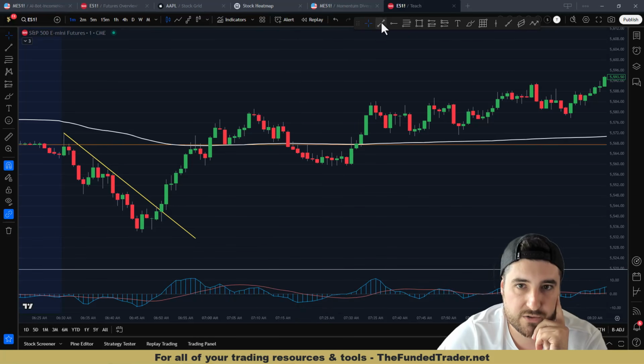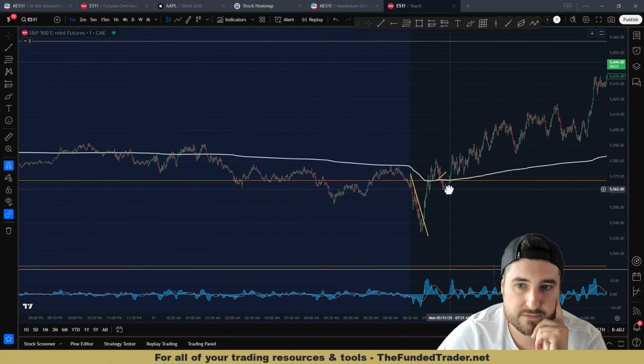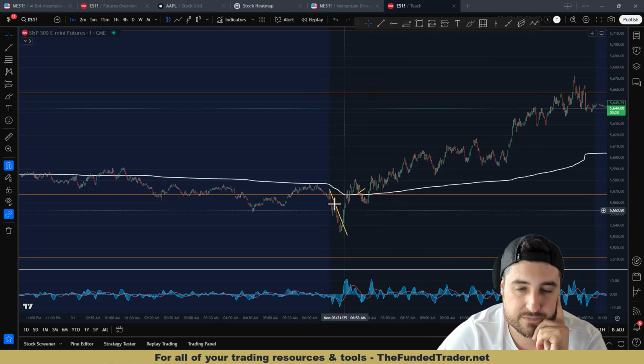Now, once we get to here, look, we shifted below the zero. And if you wanted to take a short, we got to break this structure. Took a short, but if you zoom out, we broke this high and we have this big push up, right?